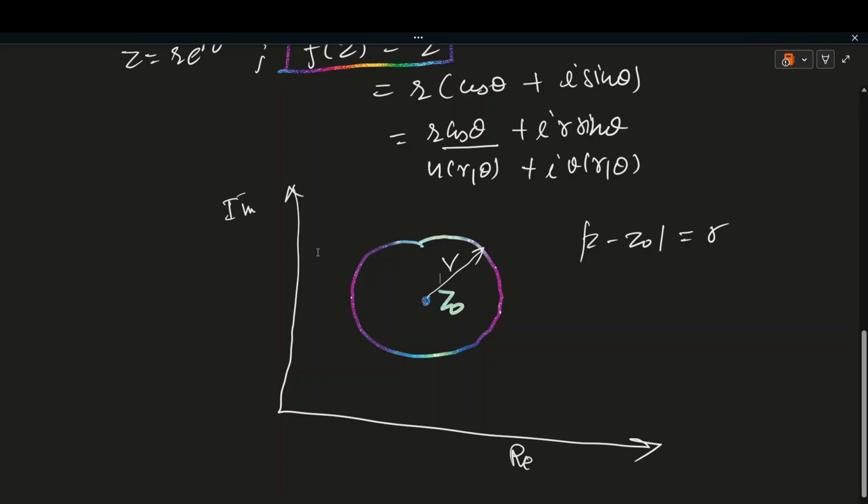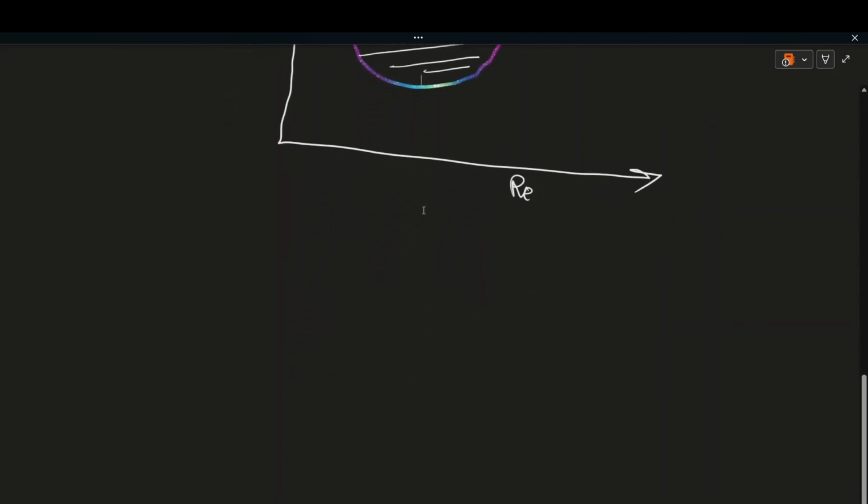So just for our purpose, we take the disk of radius r having its center at z naught in the complex plane. First we come to some mapping, like we do in real analysis.